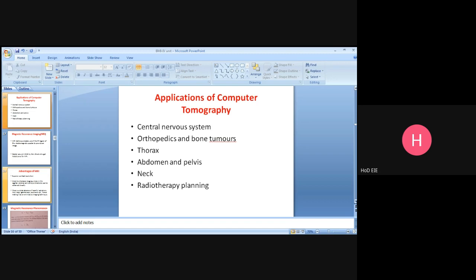The techniques you use under this head are cisternography as well as ventriculography. These are techniques in brain scanning, as well as contrast enhancement and dynamic imaging.